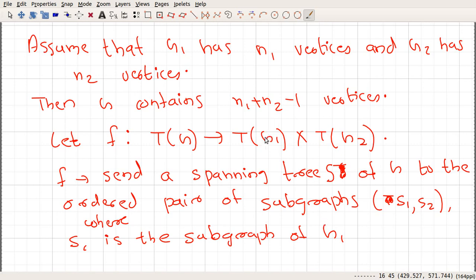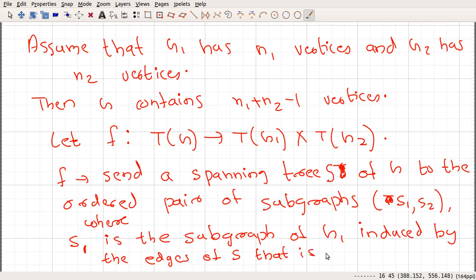So S1 is the subgraph of G1 induced by the edges of S that are in G1.